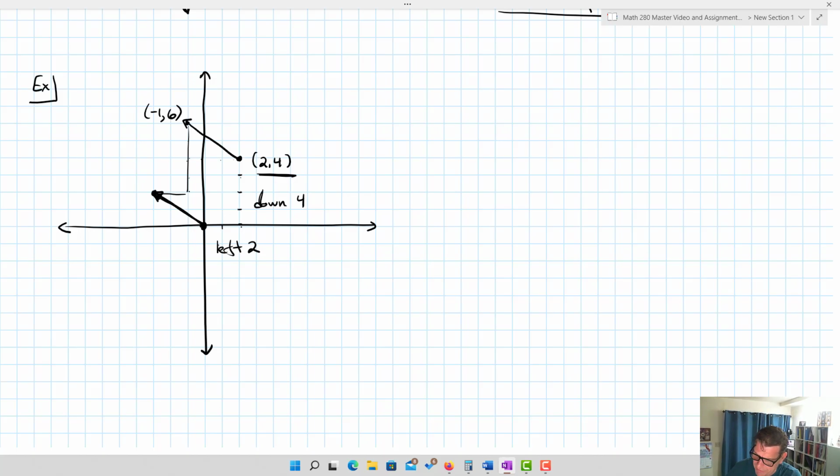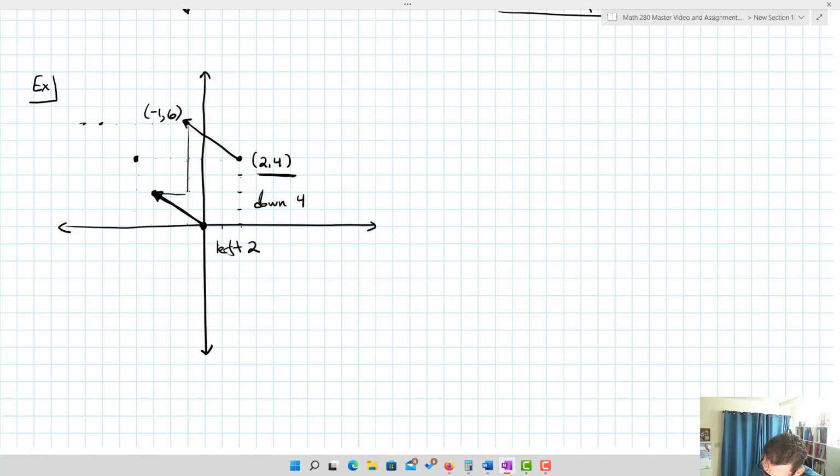And I can do that with any of them. So like, let's say, for example, I want to have my initial point at -4, -4. That would be going 6 to the left. So I'll take my terminal point and go 6 to the left.